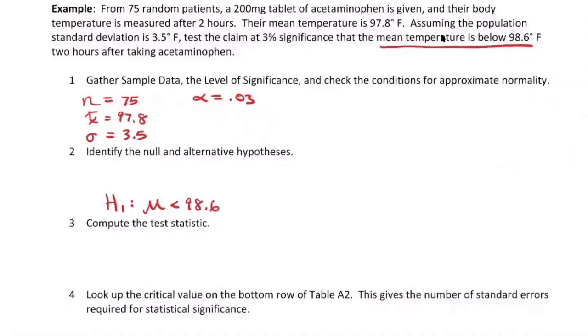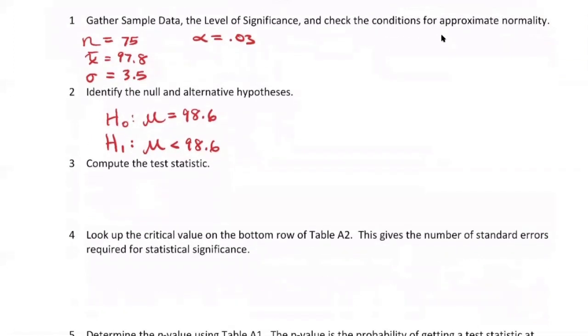Okay. So generally, I always do the alternative first, because that's usually what they claim, and then you go in and say, all right, well, they're saying it's less, but for the null hypothesis, we have to assume it's equal. That's what we're comparing to, and we use it for our z-score that we compute next. Oh, I didn't do my check.